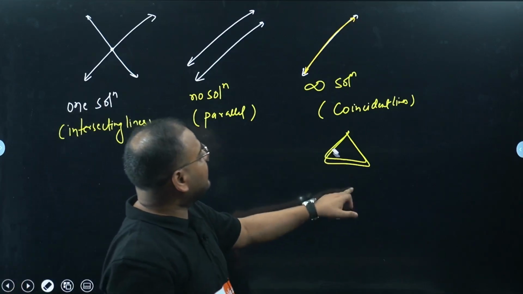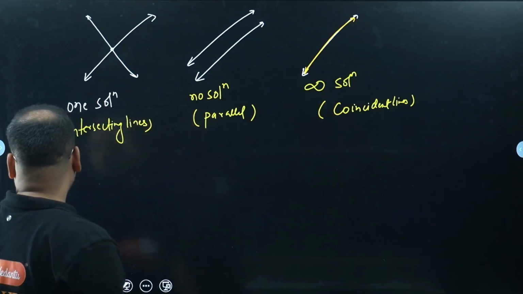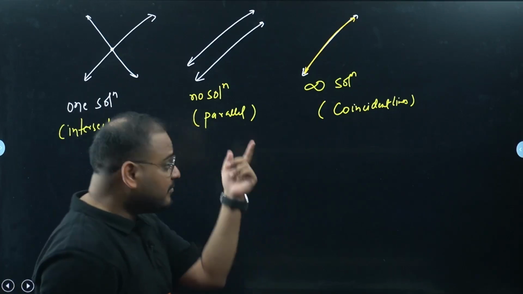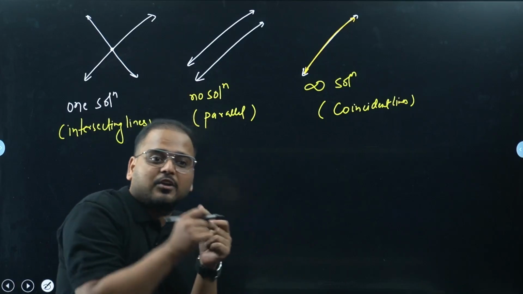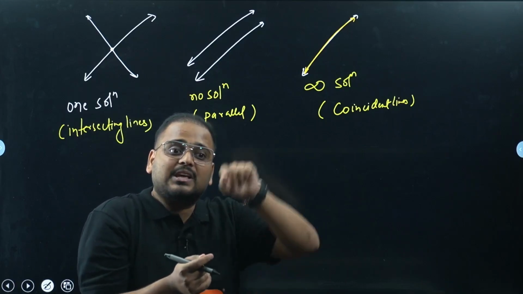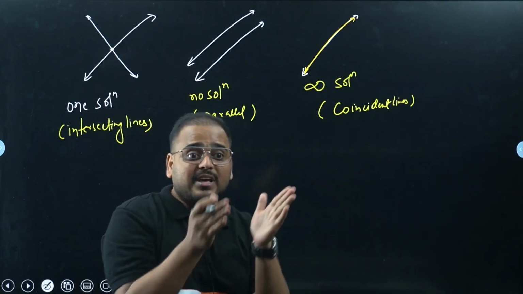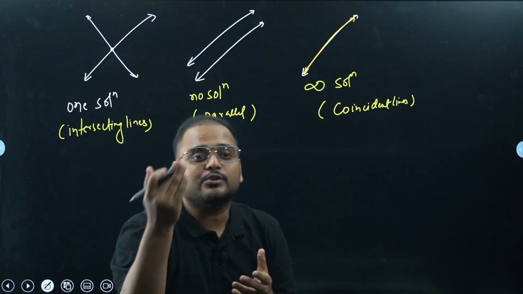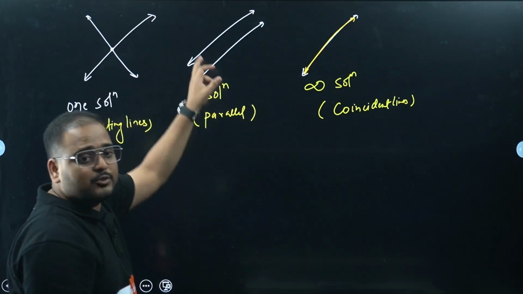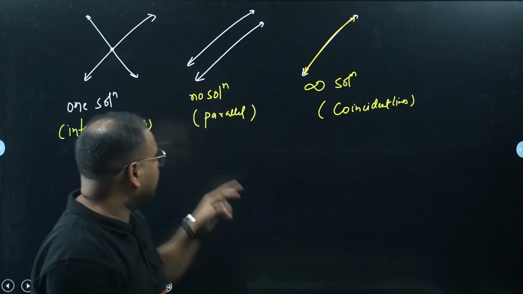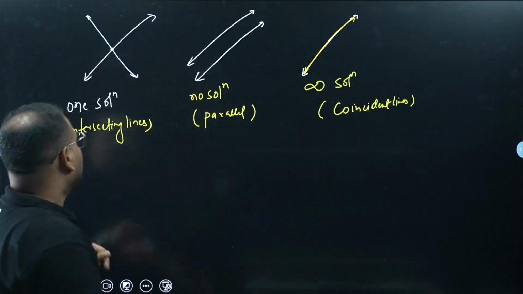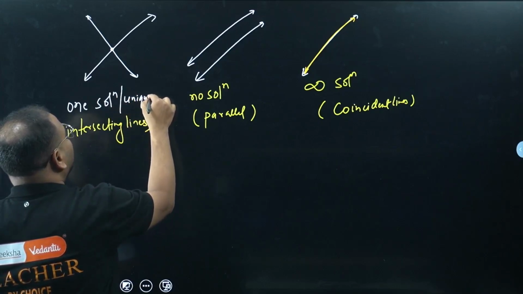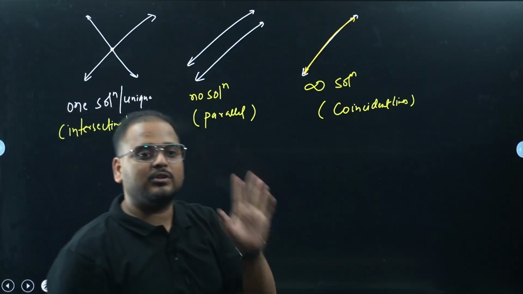Same way, if the lines are overlapping, they are called coincident lines. Every point on the first line is overlapping with every point on the second line, so they have infinite contacts, which means infinite solutions. In this case, no contact, so no solutions. In this case, a unique contact, so one solution.